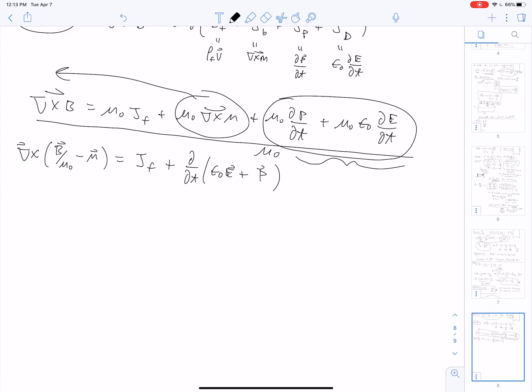But we know what these things are, because B over mu naught minus M has a name. That's otherwise known as H. And epsilon naught E plus P has a name.